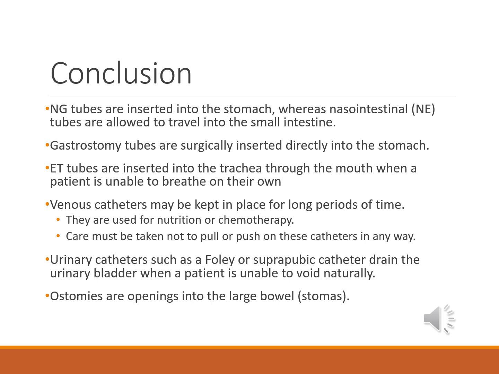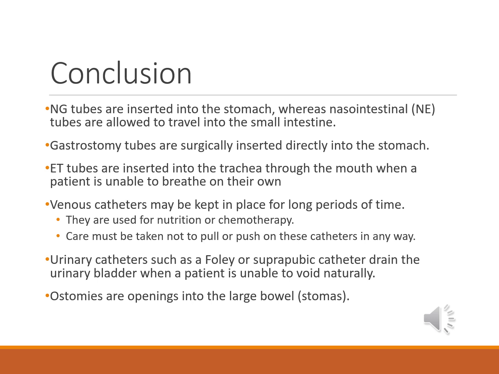Chest tubes may be connected to a water-sealed drainage system. It's important to know the use of the chest tubes, where they should be located, and also the treatment of the drainage system itself. You should never lift them higher than the level of the chest to avoid dislodgement or mixing of the fluid and the air.